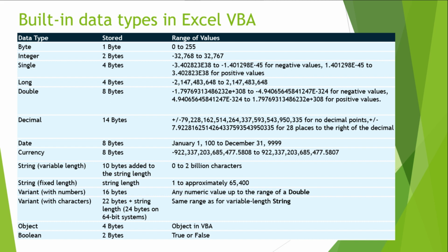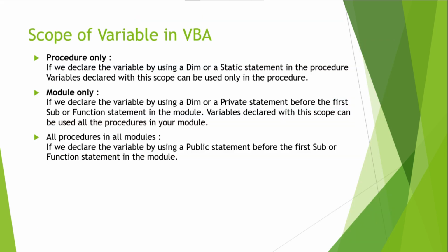The table below shows some built-in data types in Excel VBA. Scope of variables in VBA. Procedure only: if we declare the variable by using a Dim or Static statement in the procedure, the variable can be used only in that procedure.